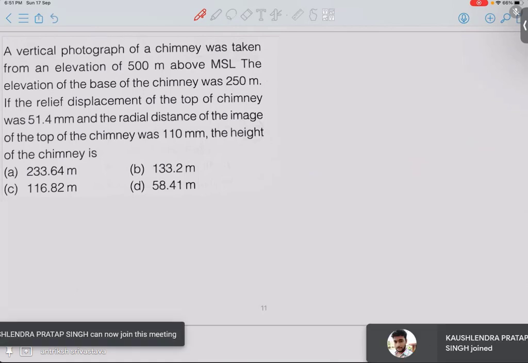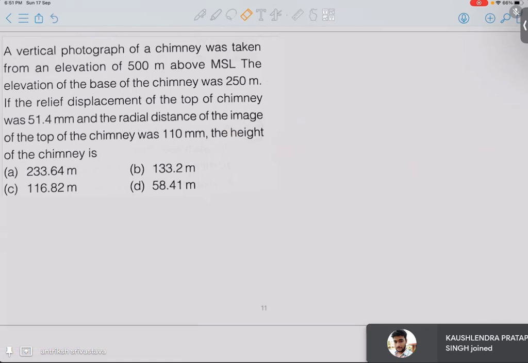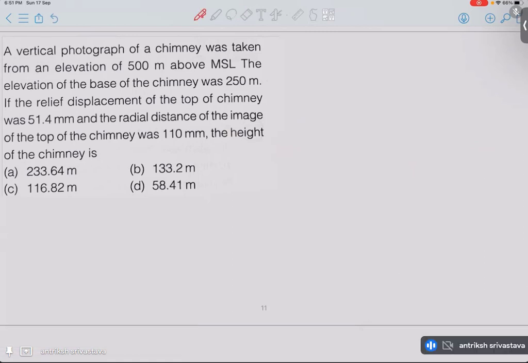A vertical photograph of a chimney was taken from an elevation above mean sea level. So if this is our datum, this is the plane, this is 500 meters. From here we took a photograph of a chimney. The elevation of the base of the chimney was 250.